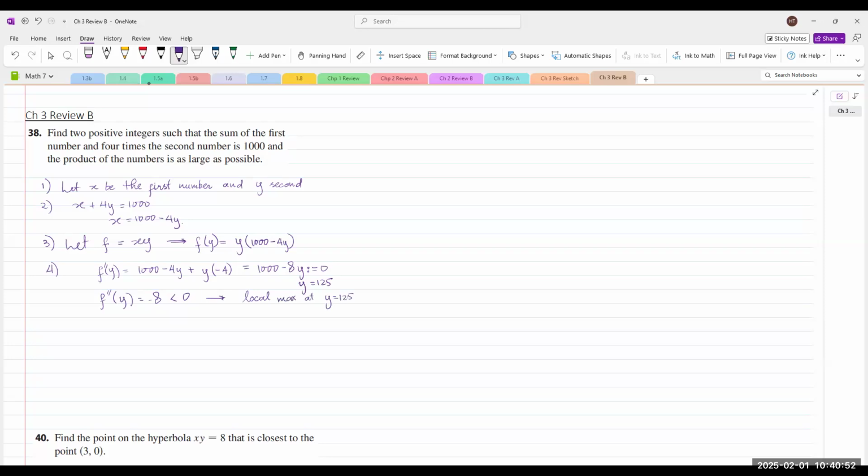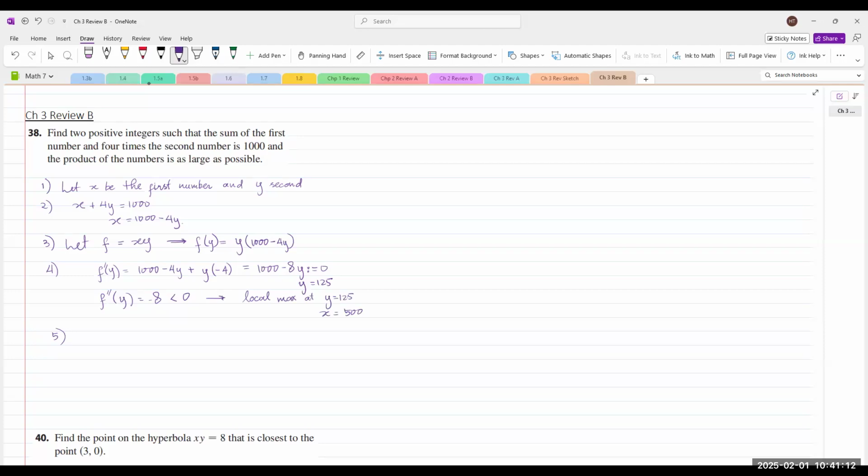Consequently, x equals 500 then. But you see, we have only one local maximum here, right? Then that would be the absolute maximum. Can I say so?